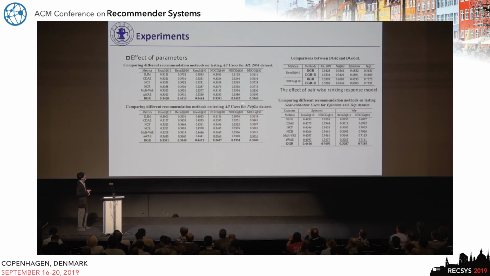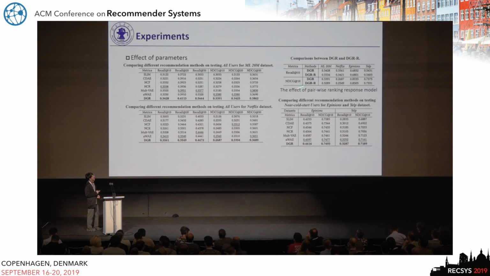And the second one is the near cold-start users, which means that the users who only have 5 or fewer feedback records will be used in the testing set. So from these 2 views, we can see that the proposed DGR has a better performance.